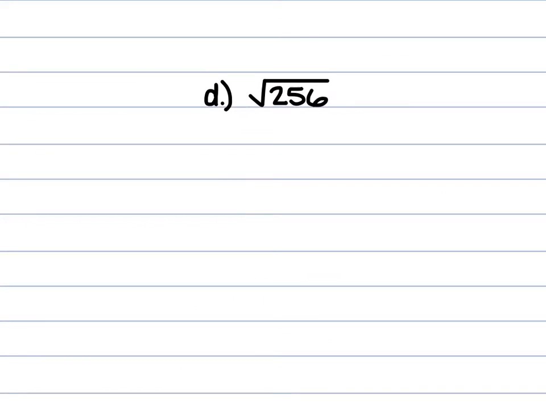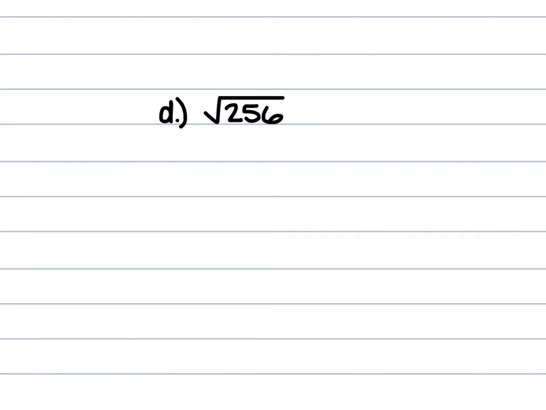For D, we have the square root of 256. 256 is 4 and 64. The 4 is 2 and 2. The 64 is 4 and 16. The 4 again is 2 and 2. The 16 is 2 and 8. The 8 is 2 and 4. The 4 is 2 and 2.